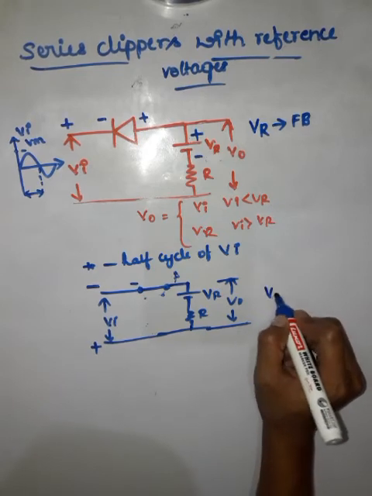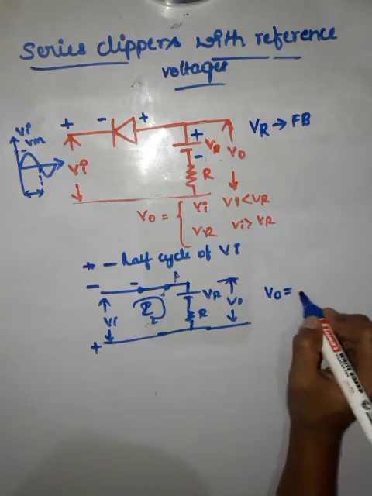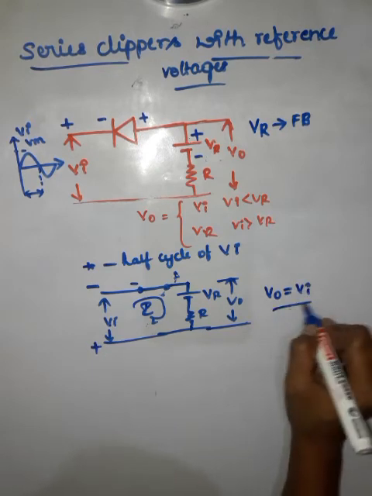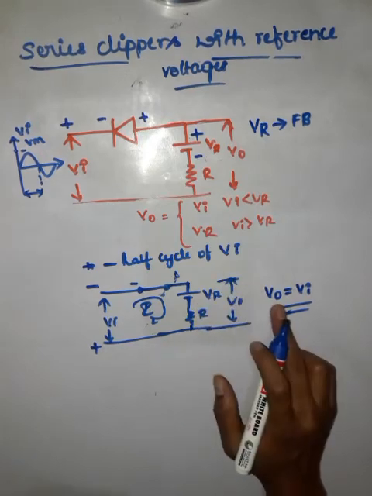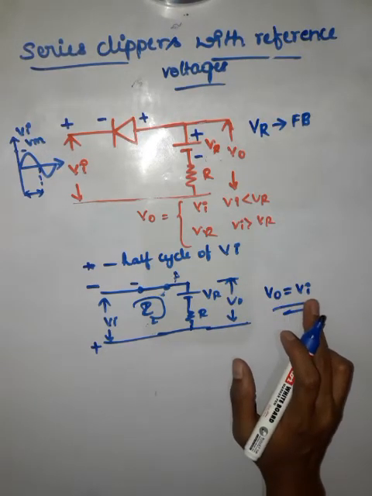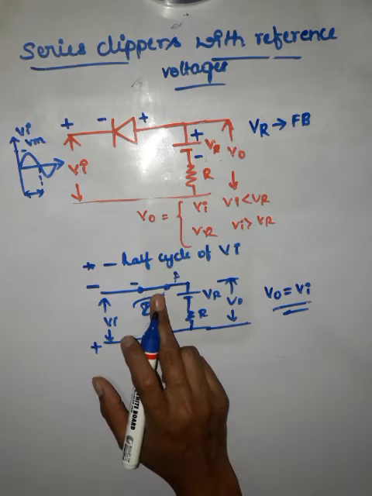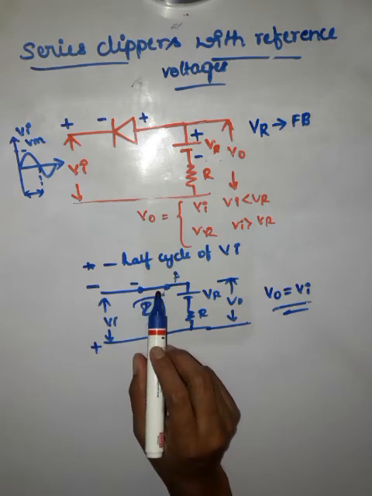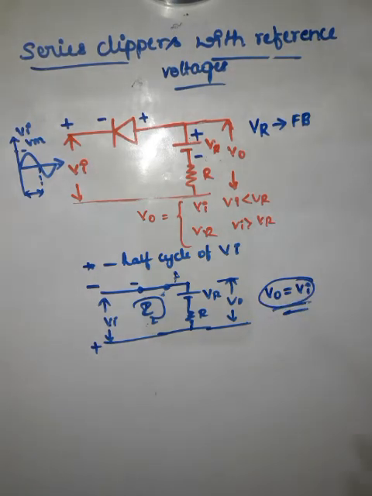Therefore, there is a current flow through the circuit, and V0 is equal to Vi. During the negative half cycle, the output voltage V0 is equal to Vi because the diode will be in forward bias condition. It will act as a short circuit. Therefore, the output voltage will be equal to the input voltage.